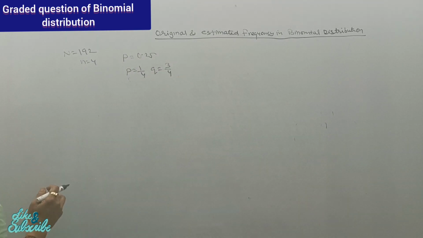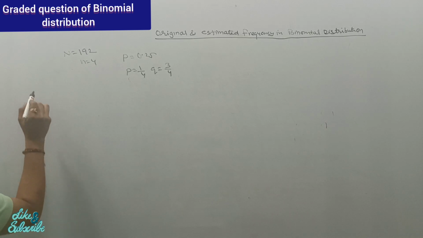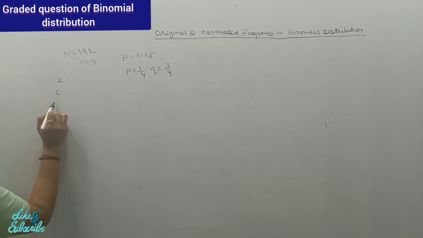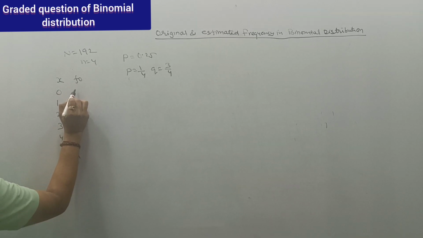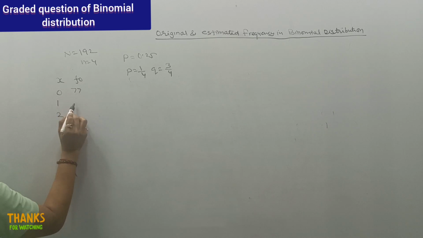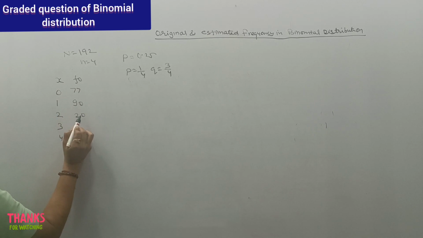The original data for 0 albino child, 1, 2, 3 and all 4 is 77, 90, 20, 5.